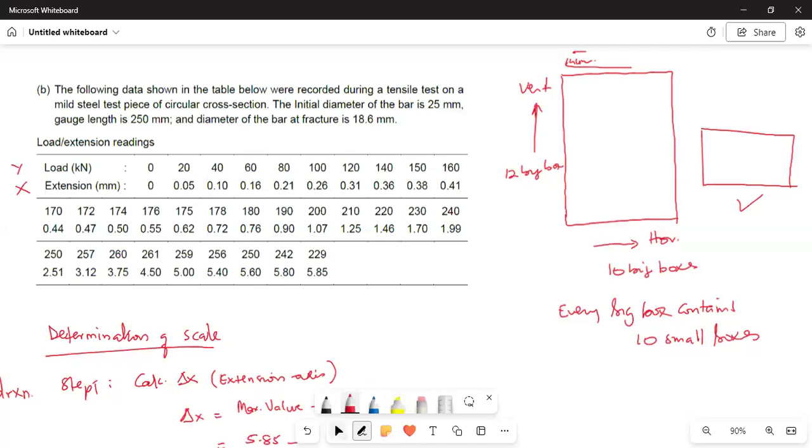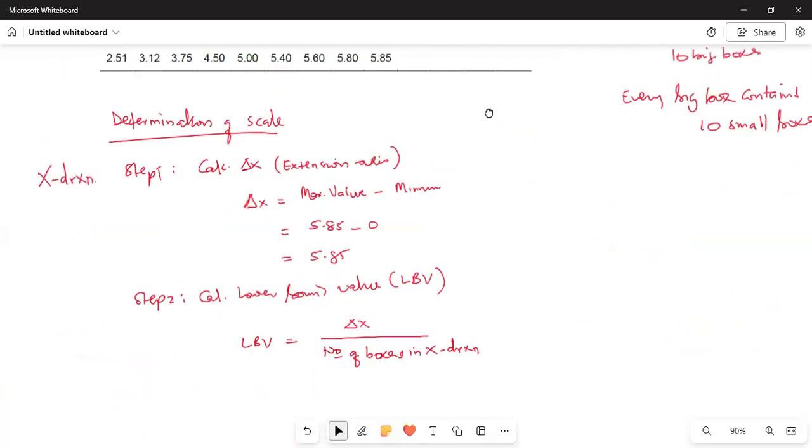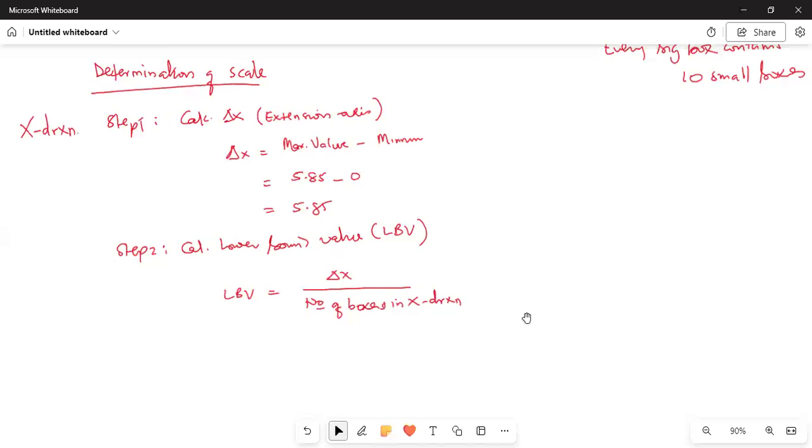Now I'm going up. To make life easier, I'm going to change number of boxes now to large squares, so that there will be no confusion. Large squares in the X direction.